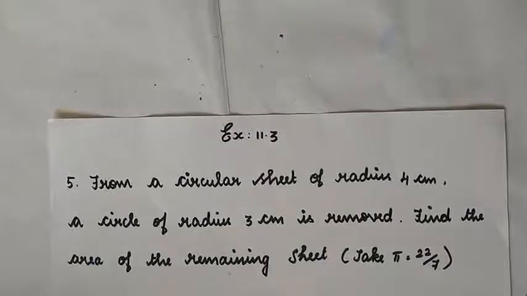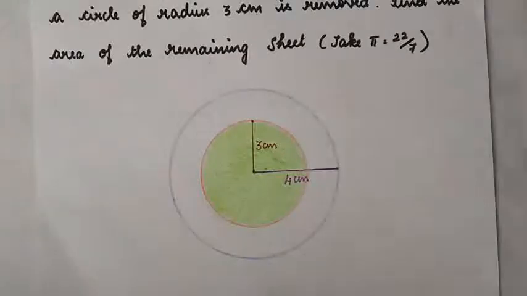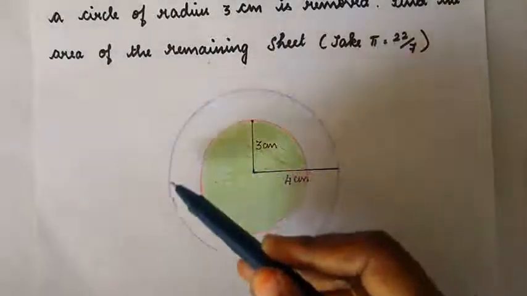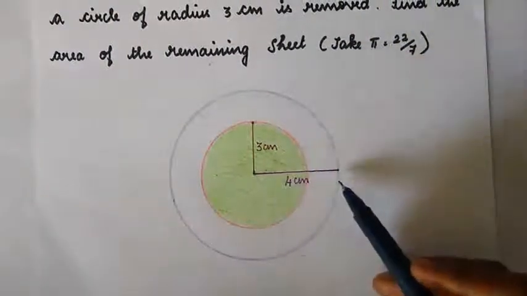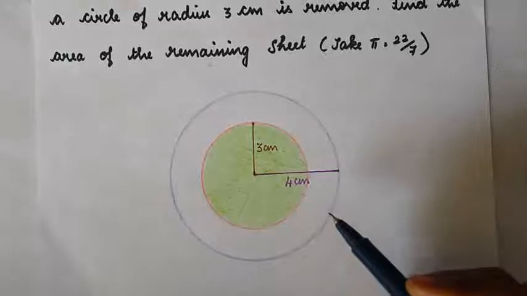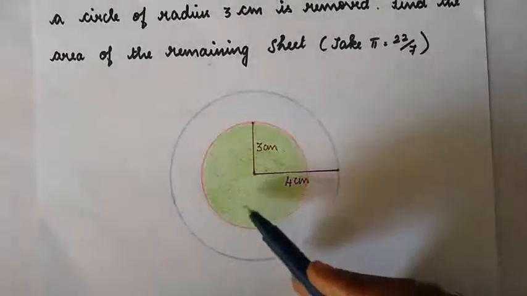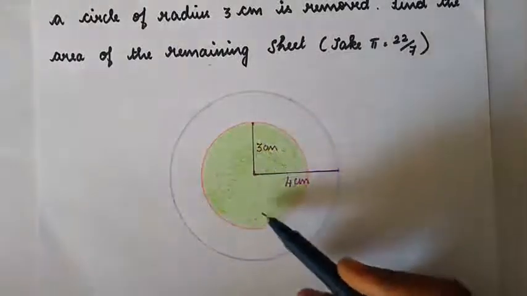Then we see that you have a circular sheet. This is our circular sheet of radius 4 cm. Now from this circular sheet, a circle of radius 3 cm is removed.